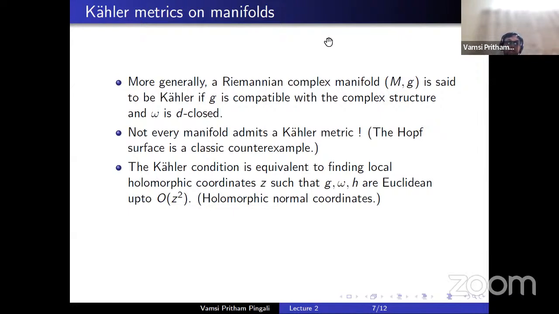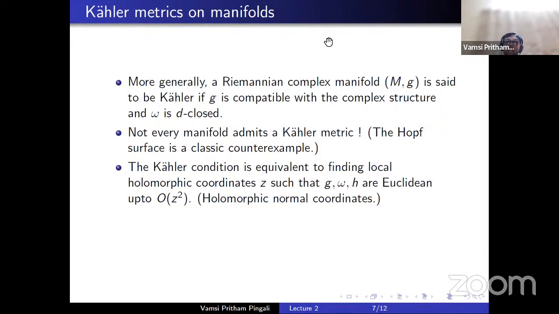In other words, the metric at that point is simply the identity matrix in the coordinate basis, and the derivatives of the coefficients of the metric, the first derivatives, are all 0 at that point. The second derivatives need not be. In fact, the second derivatives tell you what the curvature is, right?